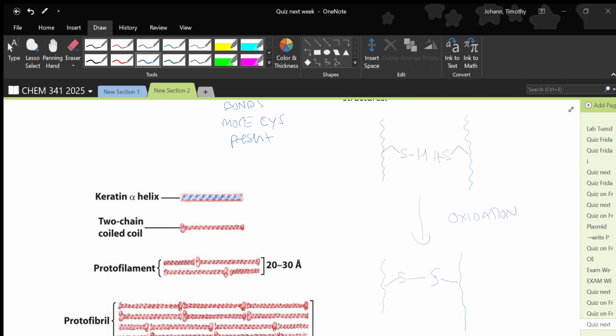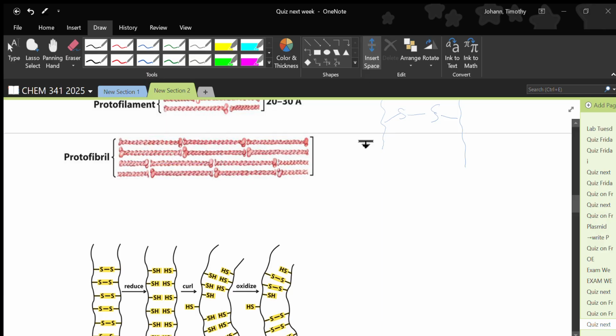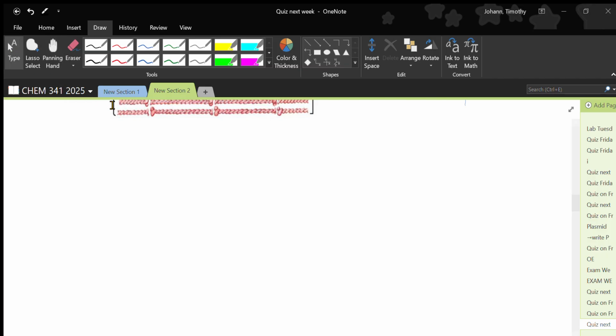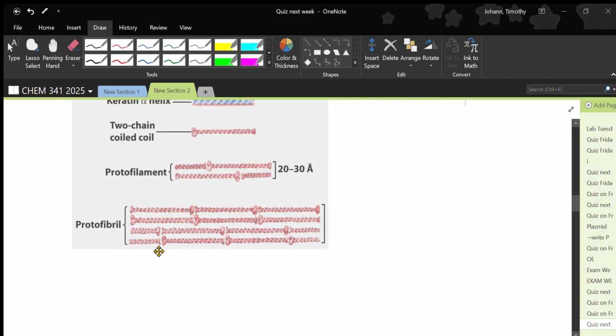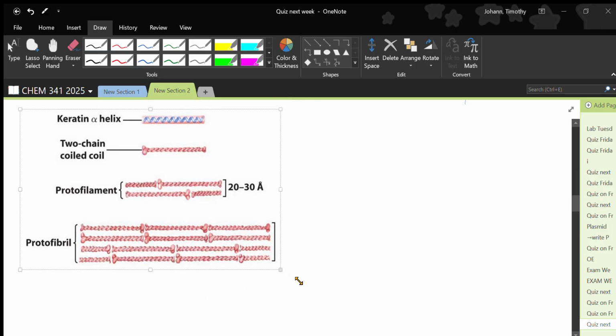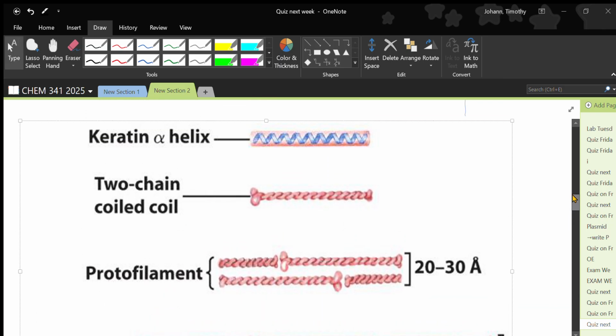Now, if I take two of them and put them together and wrap them around each other, let me move this down so I can make it larger for everybody. So then we'll get two of these keratins that can come together and wrap around each other to make a coiled coil.